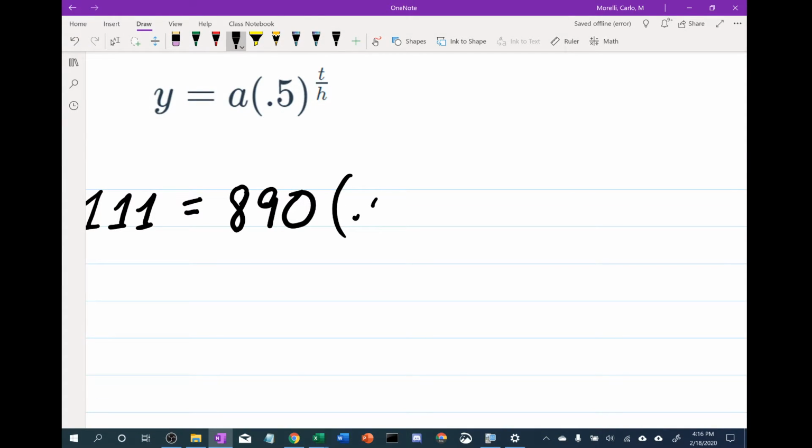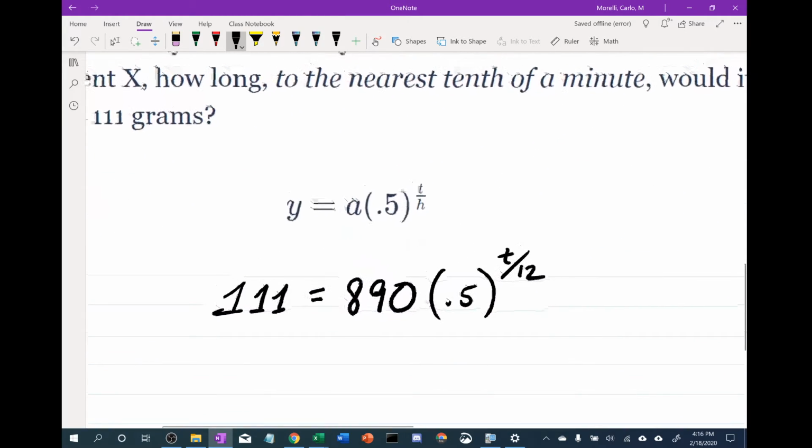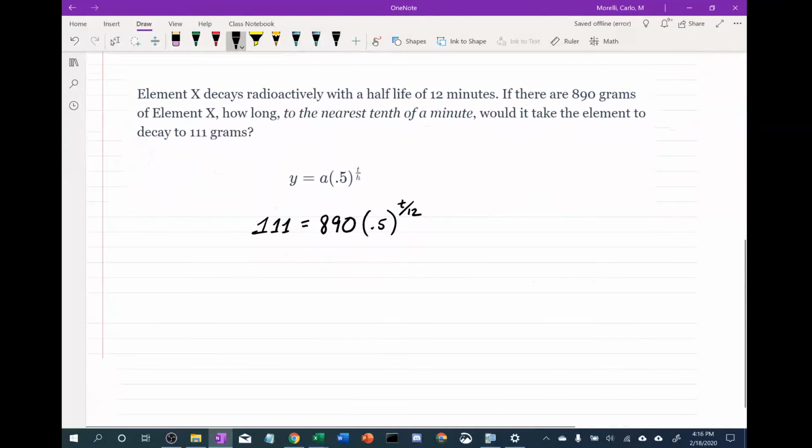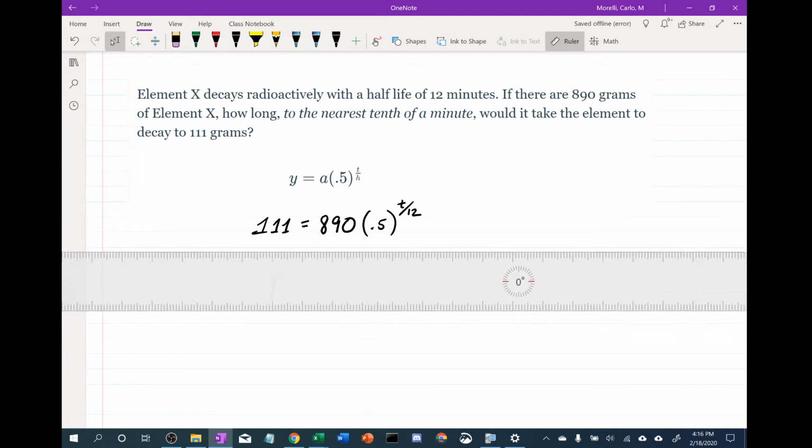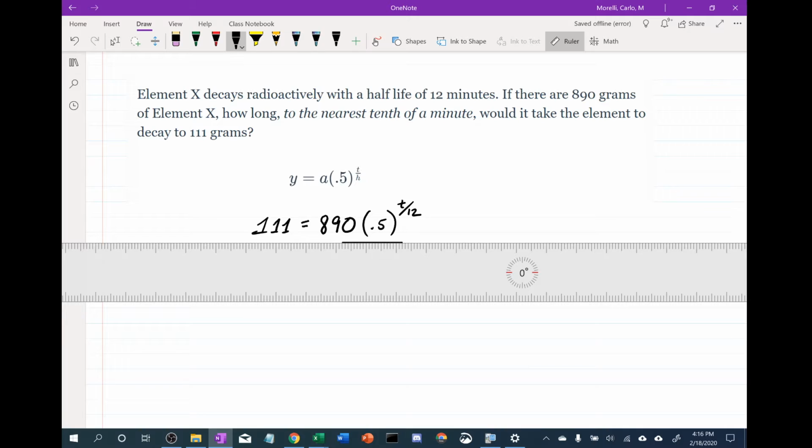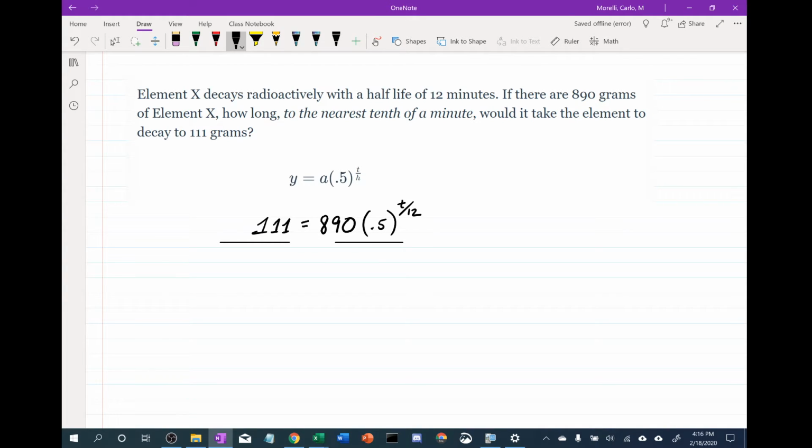So we would say 0.5 raised to the value of t over 12. Okay, so basically, guys, what you would do now is you would divide both sides by 890. Cancel, cancel. And then you would take the ln of what was left. Okay, so that would be ln of that.